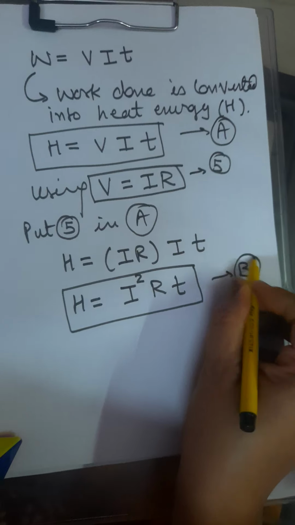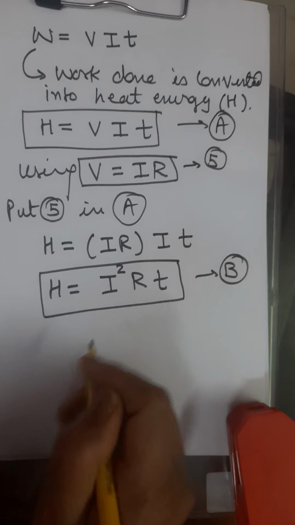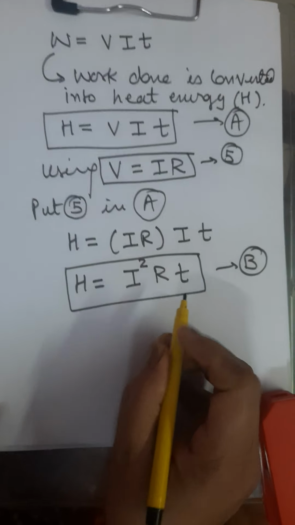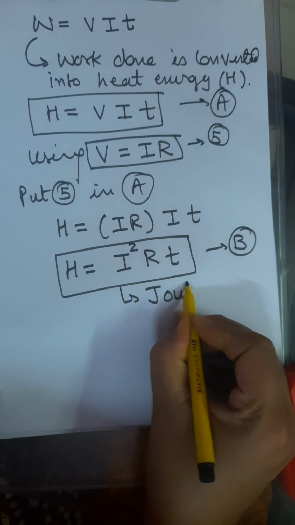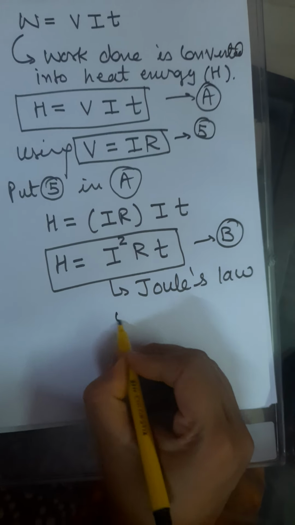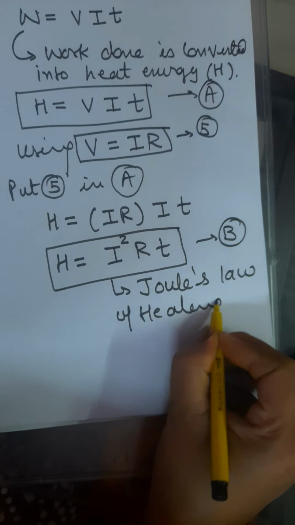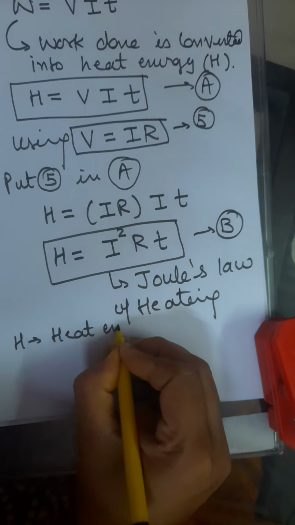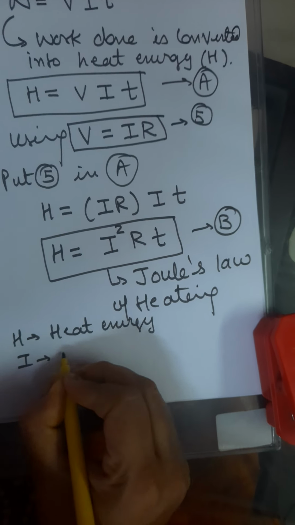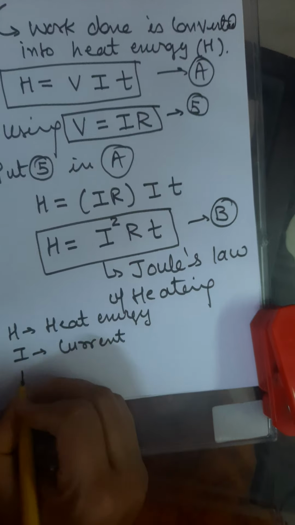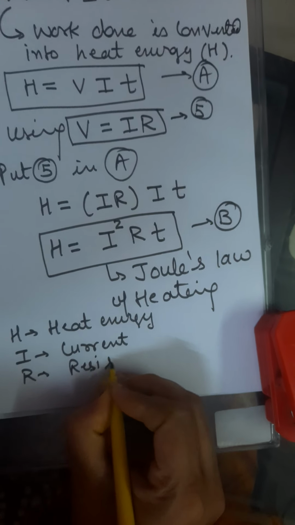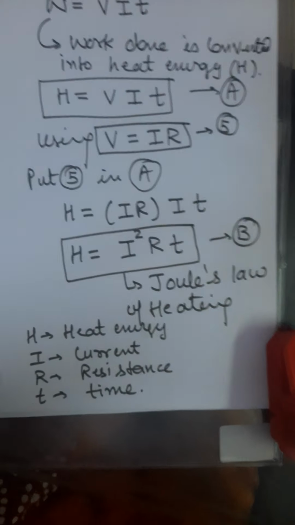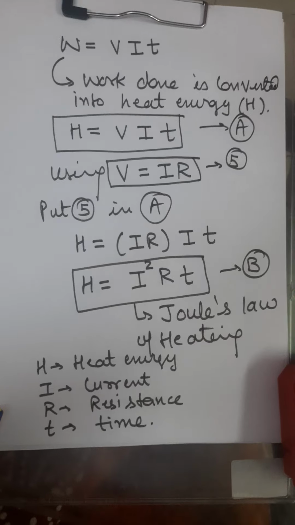I make it equation number B. And here I want to tell you, this expression H is equal to I square RT is called Joule's law of heating, children, where H is heat energy, I is current, R is resistance, and T is time. In order to watch the derivation, I suggest you to watch it even twice.